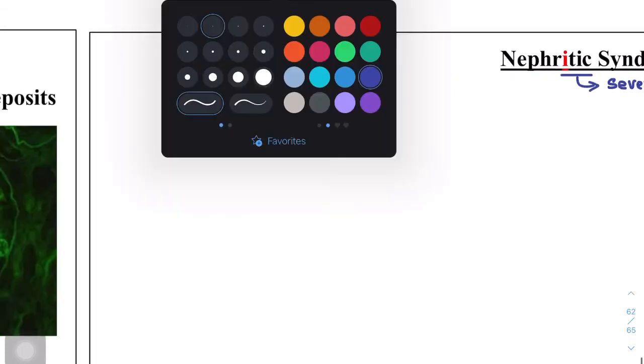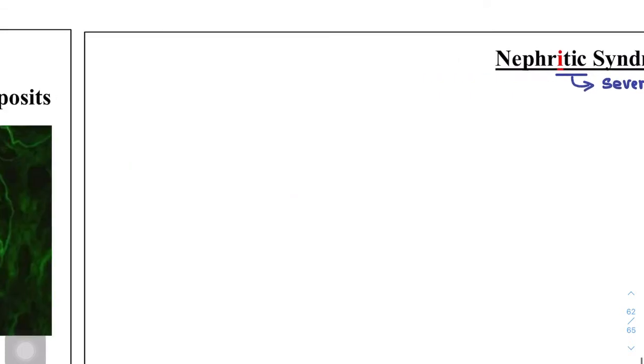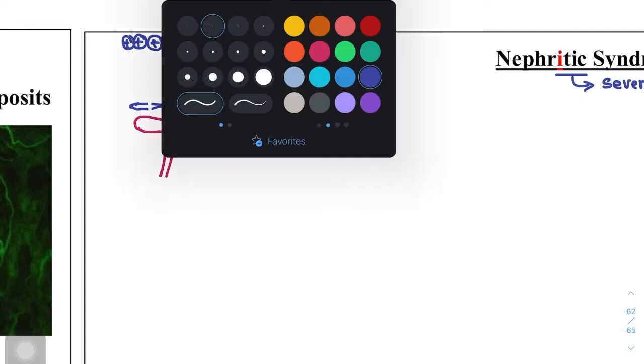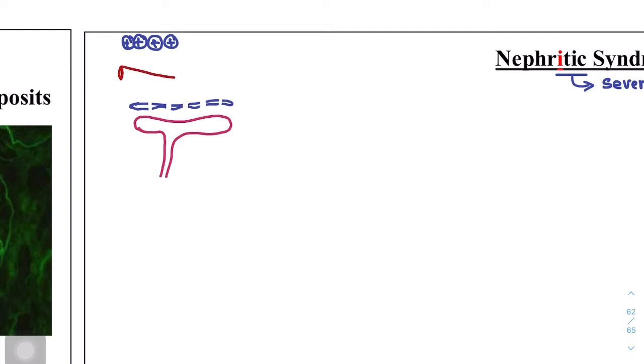And what happens then? Now we are going to draw that image again. Let's assume there's going to be damage to the basement membrane wherever the pathogenesis is. So there's going to be severe damage. And what happens then?